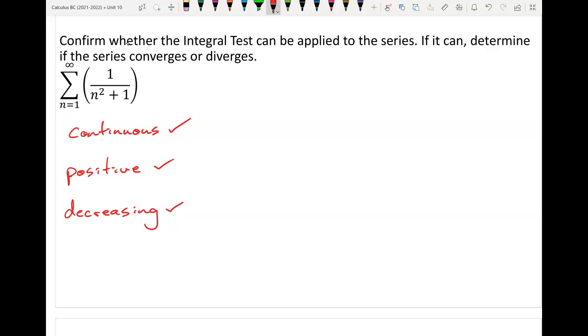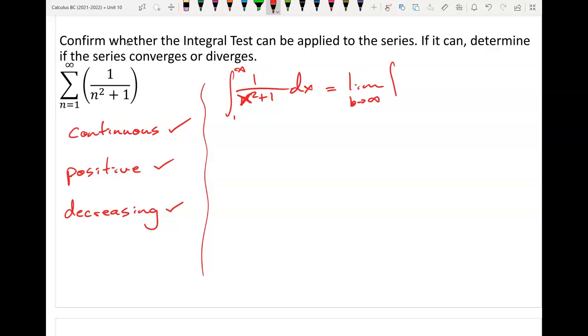Okay, I'm going to move on. So this one we can apply the test. Let's go ahead and look at the improper integral. So we're doing the integral from 1 to infinity of 1 over x squared plus 1 dx. So that equals the limit as b goes to infinity of the integral from 1 to b. What am I going to use for my antiderivative here?